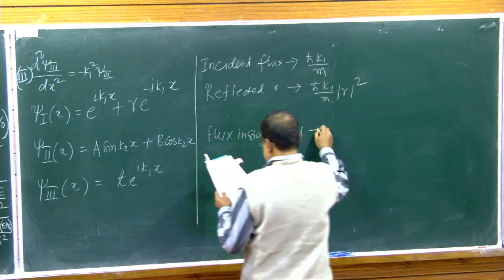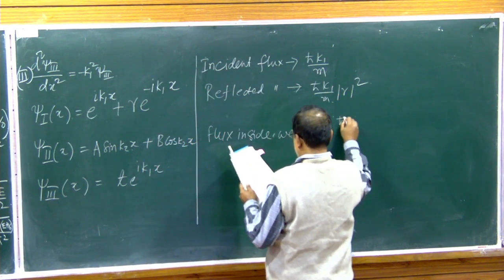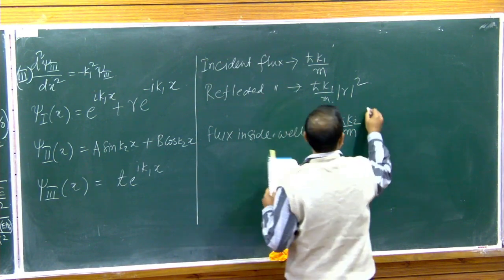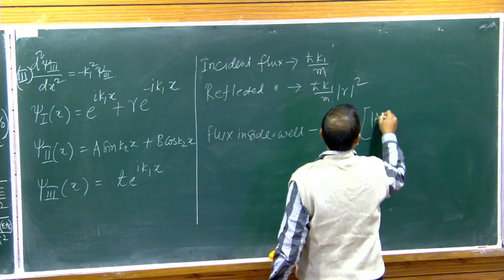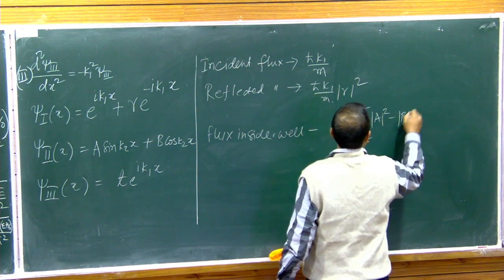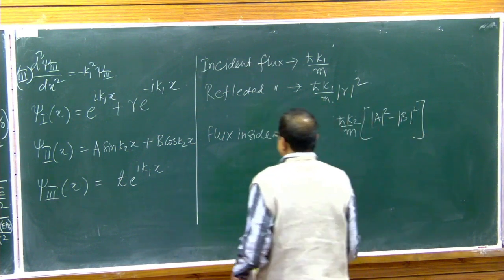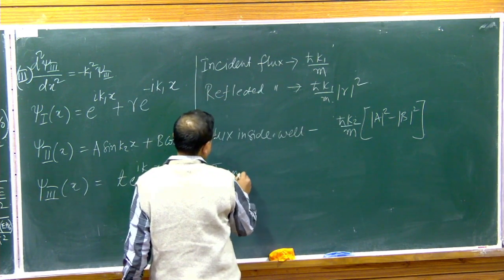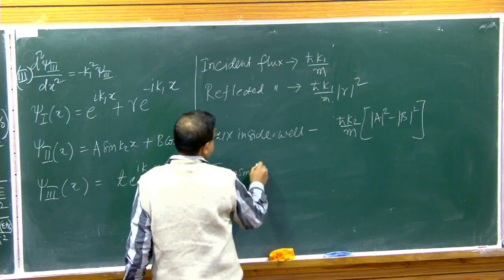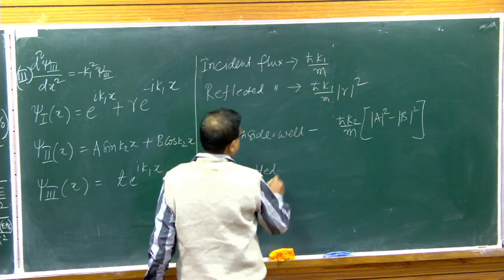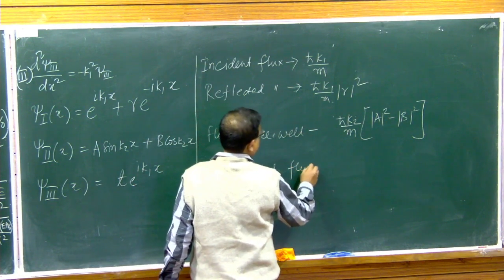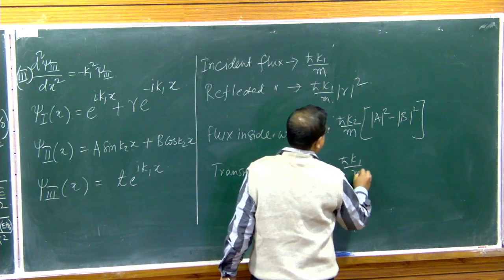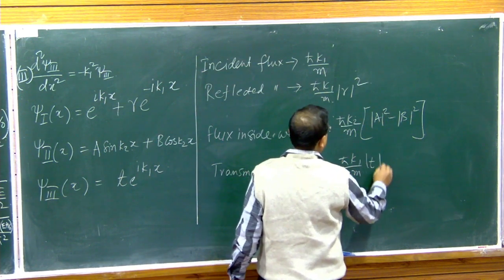So this is equal to h cross k2 by m, and you have |a| squared minus |b| squared. So this is inside, and the transmitted flux is simple, so this is equal to h cross k1 by m and |t| squared.